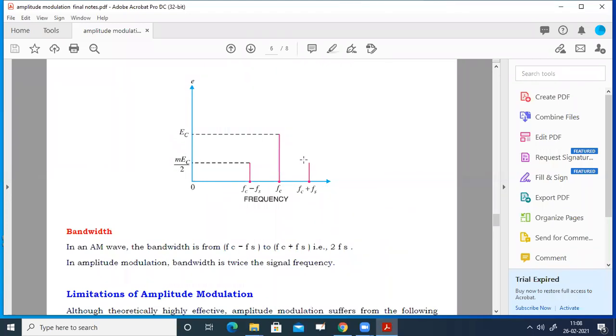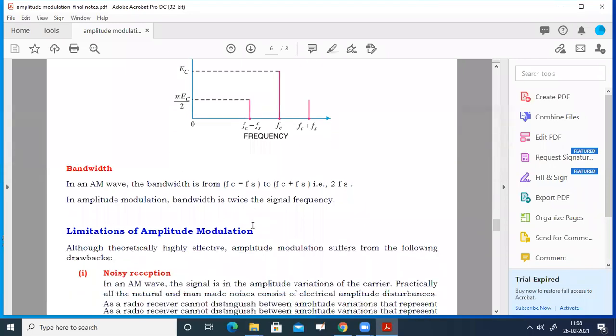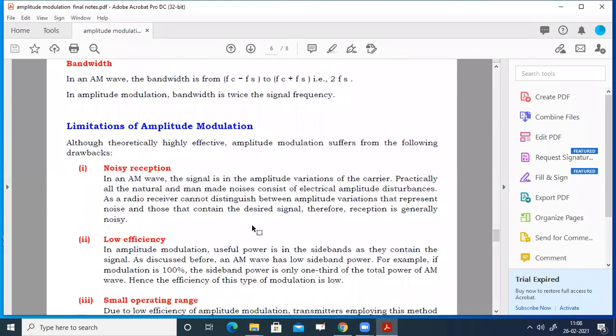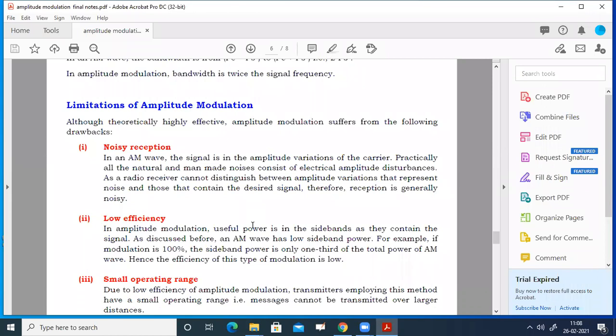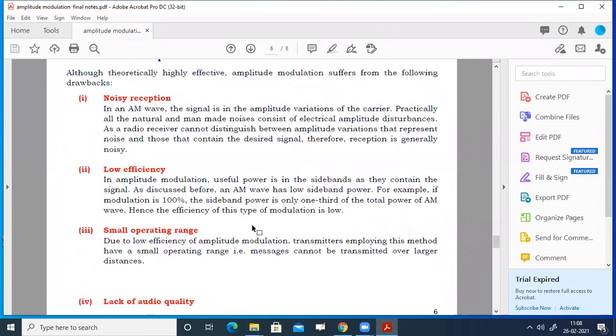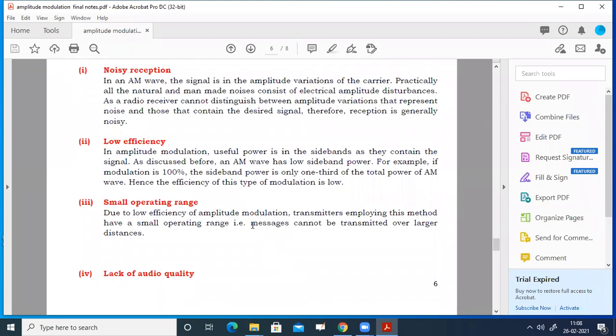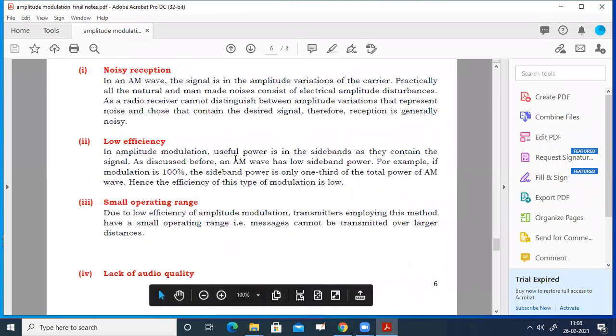Then what are the limitations? Noisy reception in the amplitude modulated wave, low efficiency, small operating range, and lack of audio quality. These are limitations of the amplitude modulated wave.